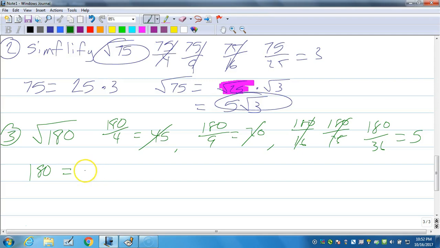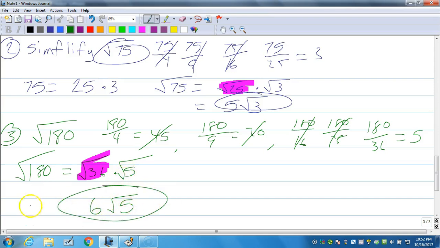So 180 is 36 times 5. Put the square roots. The square root of 36 is 6. Bring down the square root of 5. There you go.